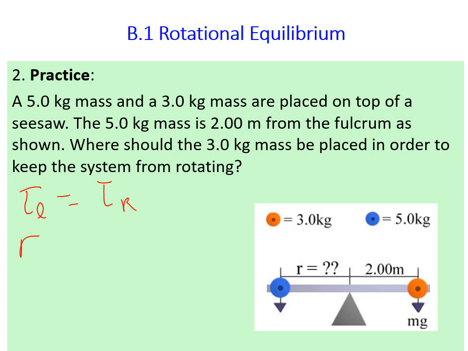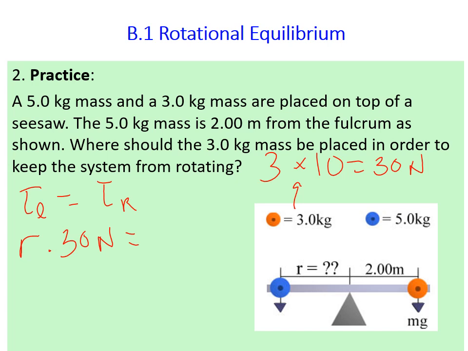We're looking for R, and the force applied on the left side is the weight of the object, 3 kilograms times, I'm going to use gravitational acceleration of 10. So 3 kilograms times 10 meters per second squared gives me an applied force of 30 newtons on the left side. And for the object to not rotate, this left side torque needs to equal the torque on the right.